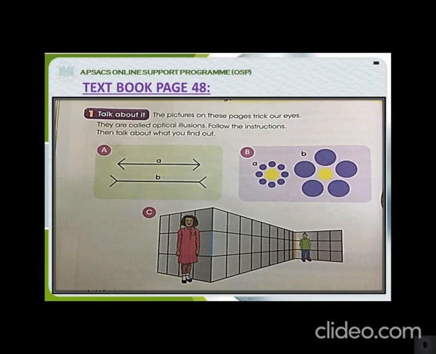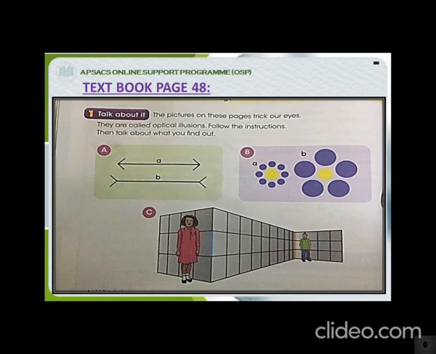You will be amazed to know that they both are equal. The inward and the outward facing wings cause our brain to misestimate the line length.